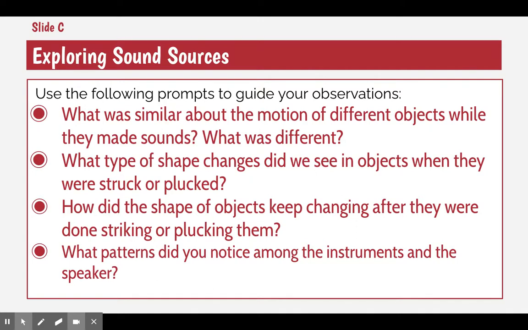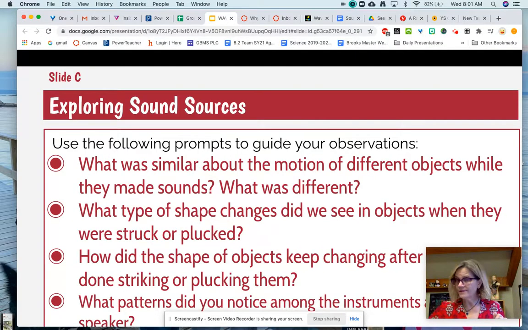And then how did the shape continue to change even after they were done, after the drum was hit, after the guitar string was plucked? And then after you look at those three videos, what patterns did you notice among the instruments and the speaker? So that's the first part of our class today.